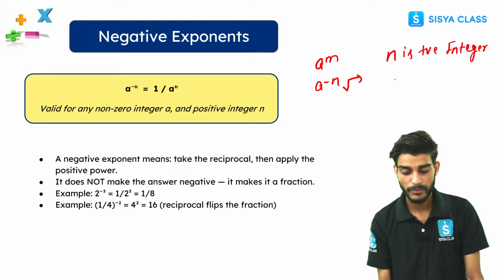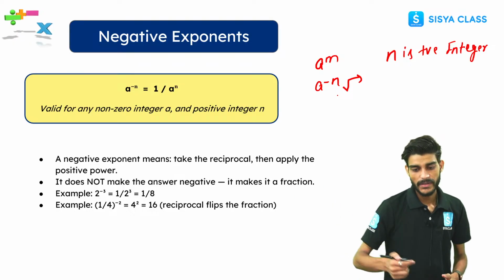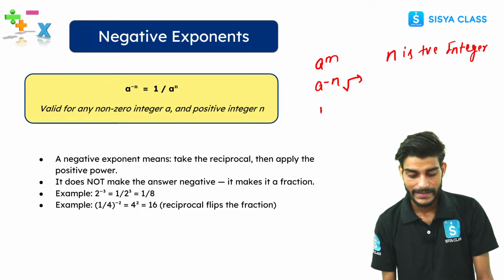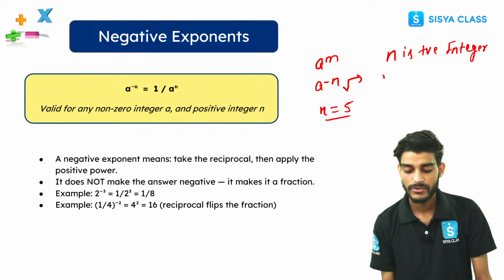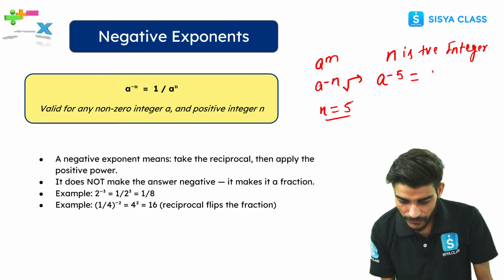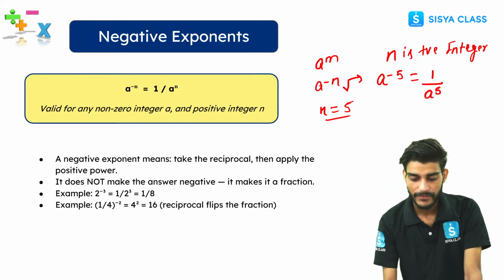If n is a positive integer, positive integers means natural numbers like 1, 2, 3, 4, 5. So choose n equal to, let's say, 5. So a raised to the power minus 5, I can write this as 1 upon a raised to the power 5. Clear?